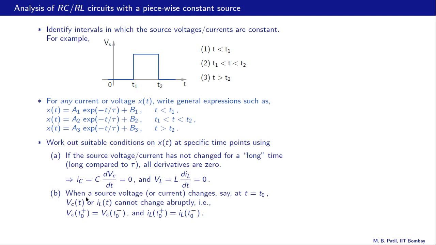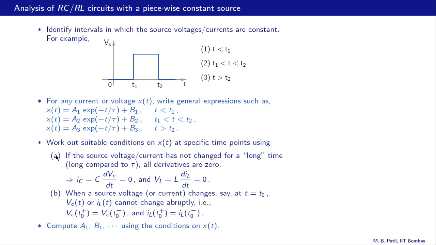B, when a source voltage or current changes, say at t equal to t0, in this example t0 would be t1 or t2, then the capacitor voltage or the inductor current cannot change abruptly, as we have seen earlier. That means VC at t0 plus, the capacitor voltage at t0 plus, must be equal to VC at t0 minus, and in an RL circuit, the inductor current IL at t0 plus must be equal to the inductor current at t0 minus.